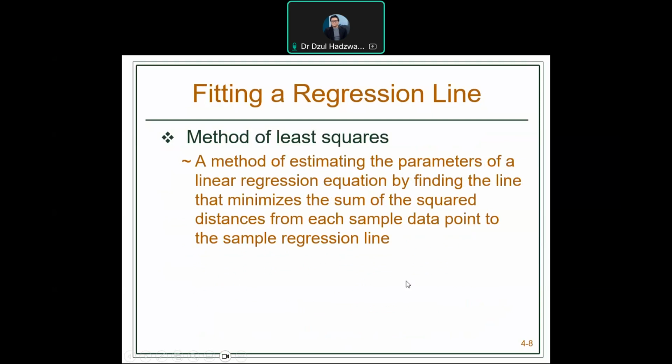Okay, fitting a regression line. Okay, as I told you, a method in this script, we can compute the parameter. Either the parameter is a constant parameter, or the parameter is from a part of the independent variable. So there is a technique to make it fit. This is what we call a good fit. Either we want to reduce the value of the standard error term, or else we want to improve the outlier.